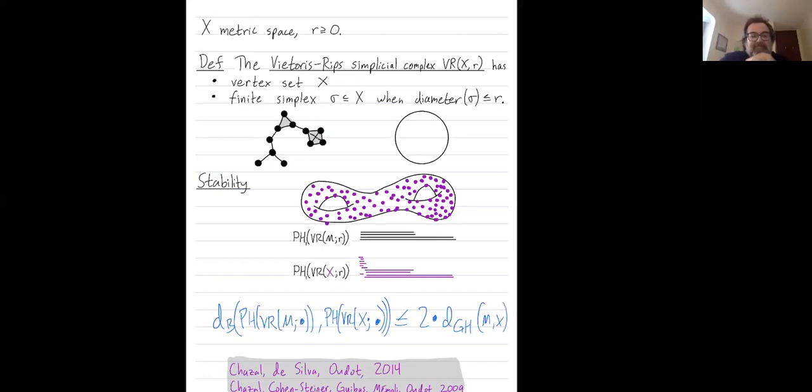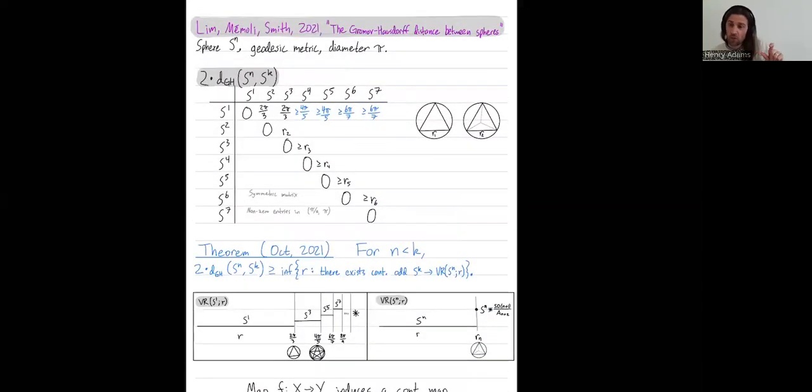What's quite interesting is that this gives bounds on the table of distances between spheres, right? It gives lower bounds. But those lower bounds are off by a factor of 2, okay? The lower bounds that you get easily by stability are worse by a factor of 2 than this bound.